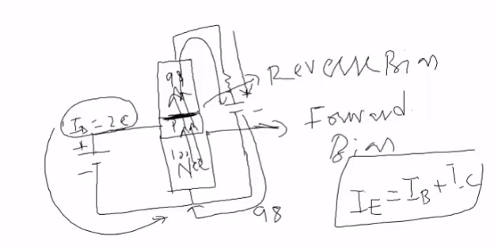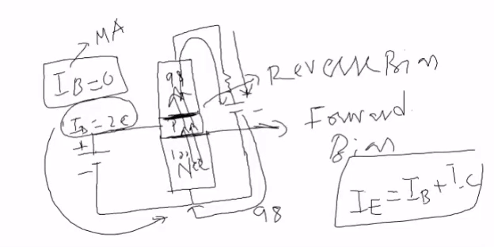It can increase the collector current, because if IB is 0, it means the base-emitter junction is reverse biased, so the transistor will not work, and current will not flow through the transistor. The base current is very small, it is in microamperes. A small current at the base can change the current at the collector and emitter.